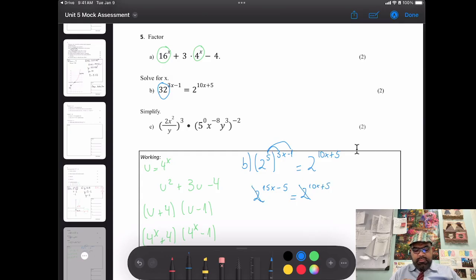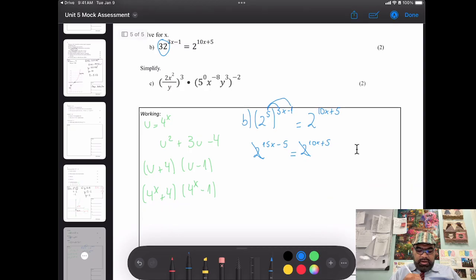Goodbye, 2's. Solve by the power here: 15x minus 5 equals 10x plus 5. Minus 10x both sides, plus 5, plus 5. It will be 5x equals 10, x equals 2. Done. That's the solution for this first one.